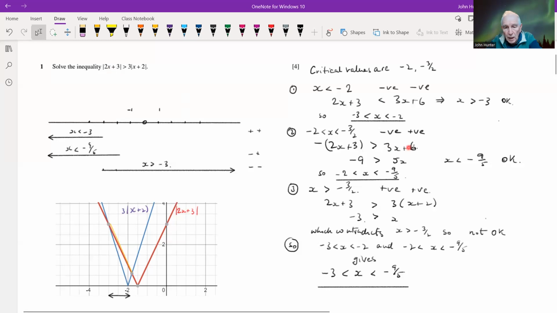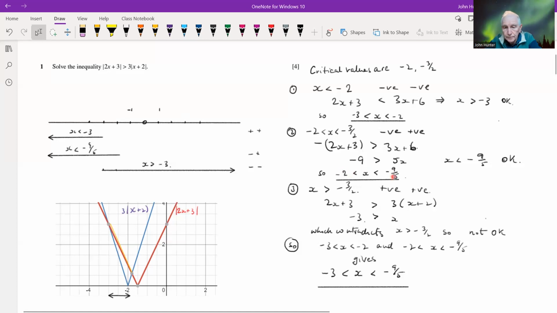I've actually multiplied that out as well. So we've got another inequality here, which we can solve, and that's going to give us x is less than minus 9 over 5. That trims down our interval between minus 2 and minus 3 over 2. So we're going from minus 2 up to minus 9 over 5. That is the second part of the solution.